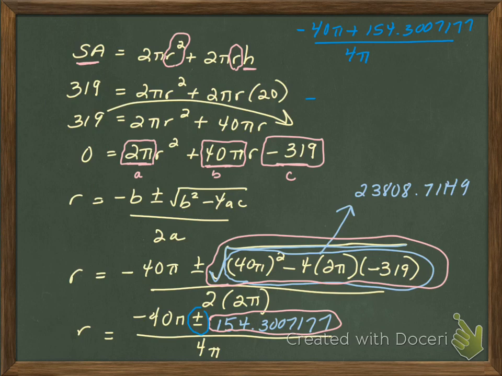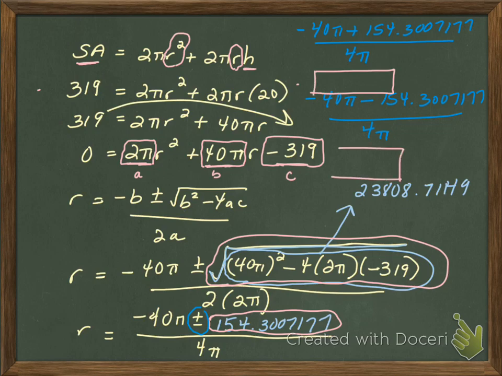And then we'll have the other, which is negative. Okay. So again, these are both possible solutions. So what we're going to do is figure out what this first one is, and then we'll find out what the second one is, and from there determine which of those solutions are possible.